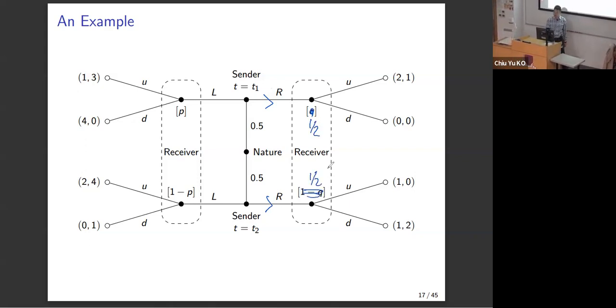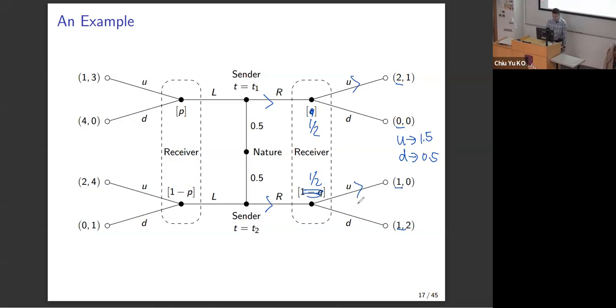Look at the receiver. The payoff of U will give you 1.5. If you choose D, it will give you 0.5. So choose up. The receiver always chooses up.